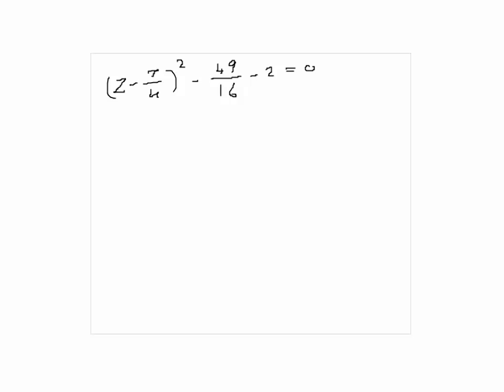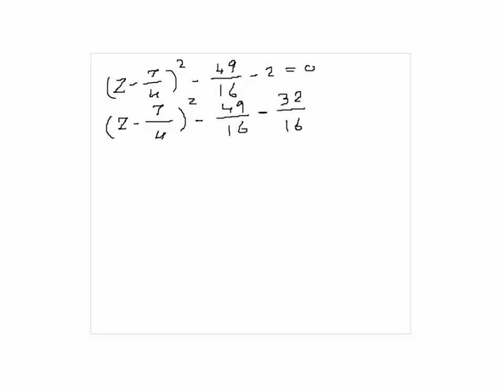I'm going to add these two numbers, 49 over 16 and 2. So I have z minus 7 over 4 squared. These two can be shown as two fractions with the same denominator. So I will have 49 over 16, and instead of 2, I can change it to 16 as its denominator, so 2 changes to 32 over 16.